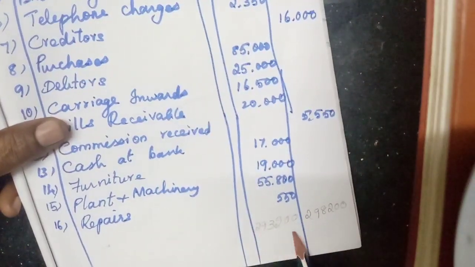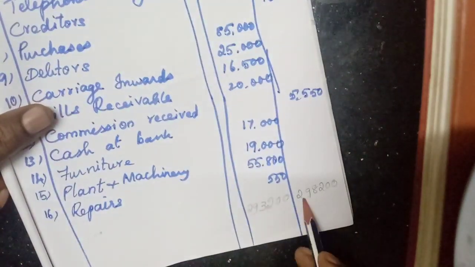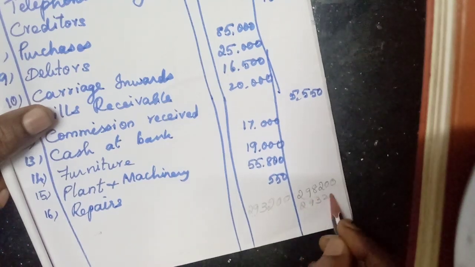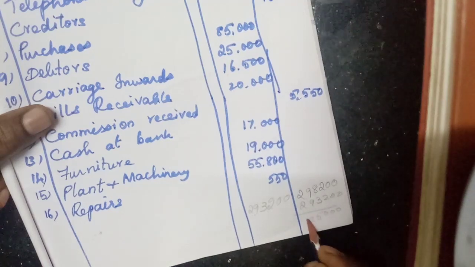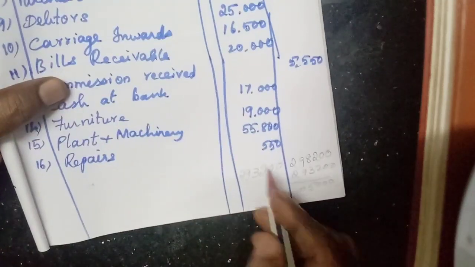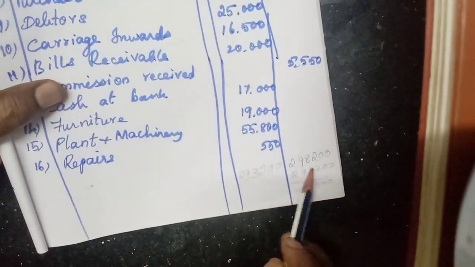So, how much is the difference? Okay, 2,93,000, 2,98,000. So, subtract. So, 5,000, where it is less, debit. Isn't it? Here only we have more.